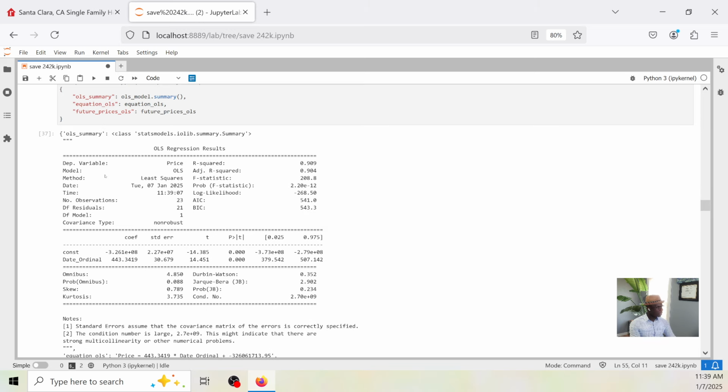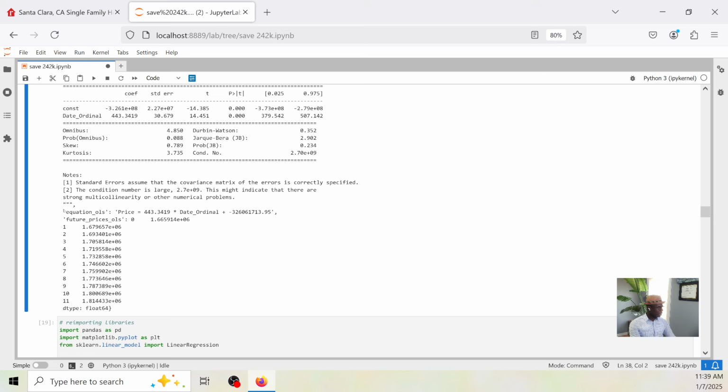Taking a look at our OLS results, we can see that our R squared is 0.909, our dependent variable is price, and our adjusted R squared is 0.904. So we can say with confidence that this is a pretty good model that I created based off our results. We know that there is a relationship between price and date given the model's outputs.